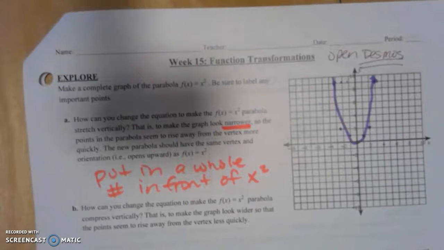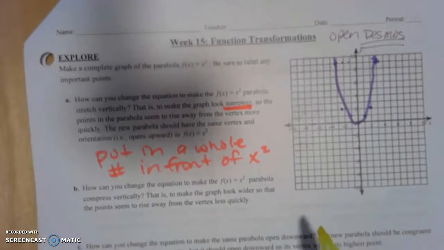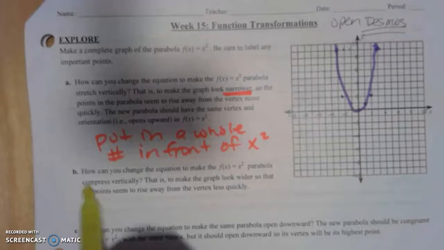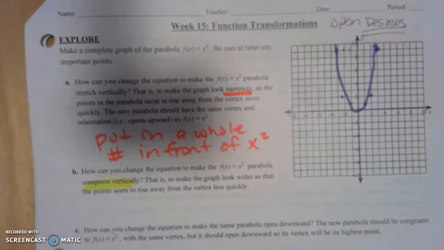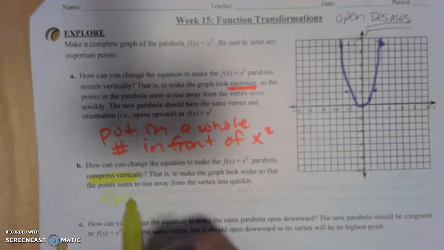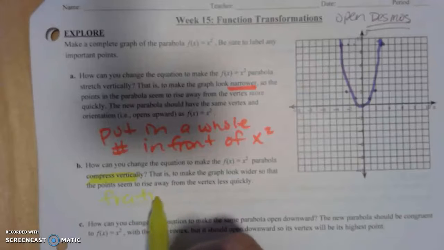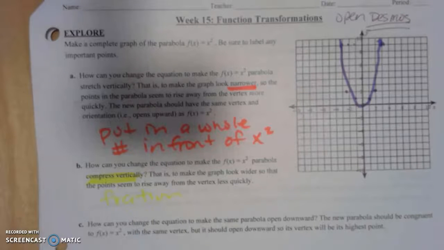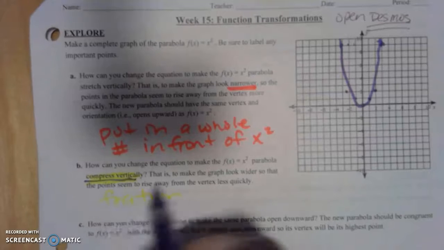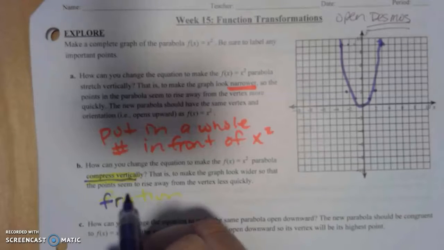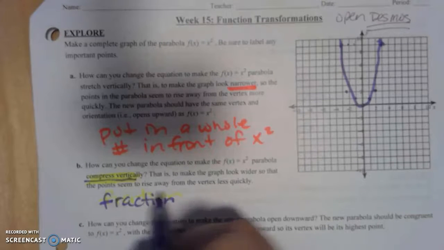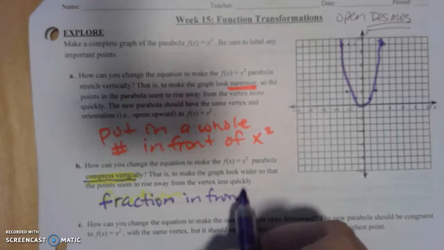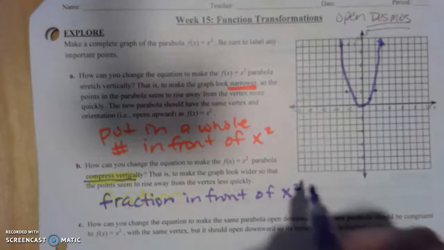And if we want to compress vertically, we put in a fraction. Oh, you can't see the yellow. I'll change that color for you. To compress it vertically, you put in a fraction in front of x squared.